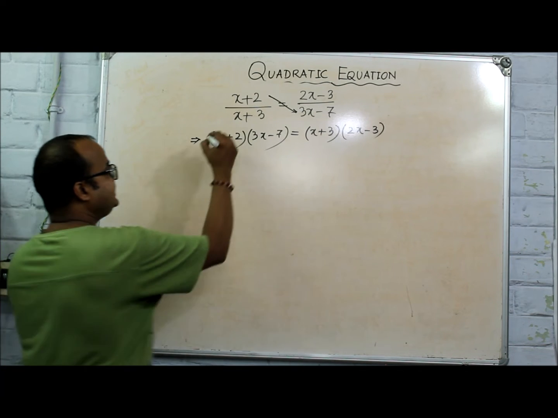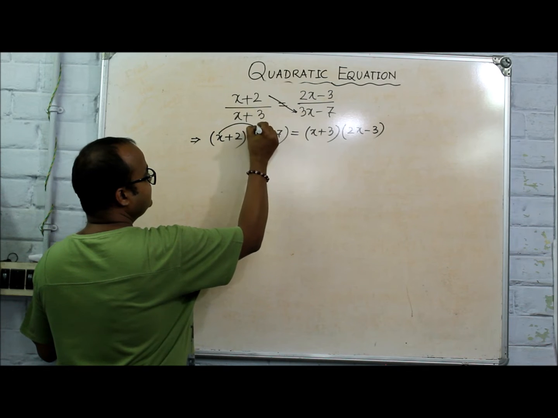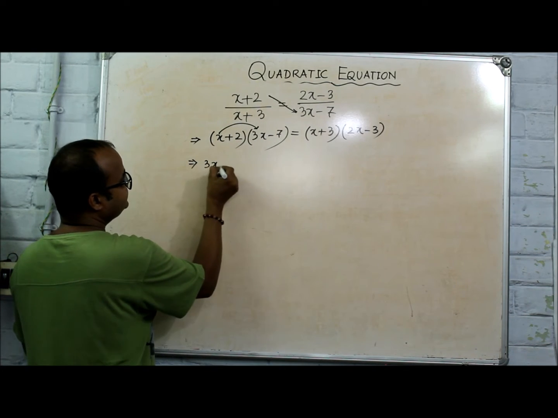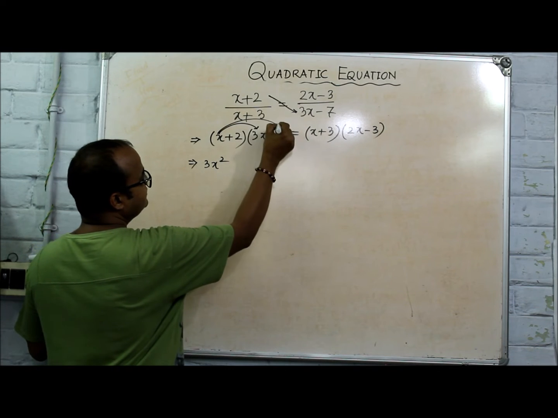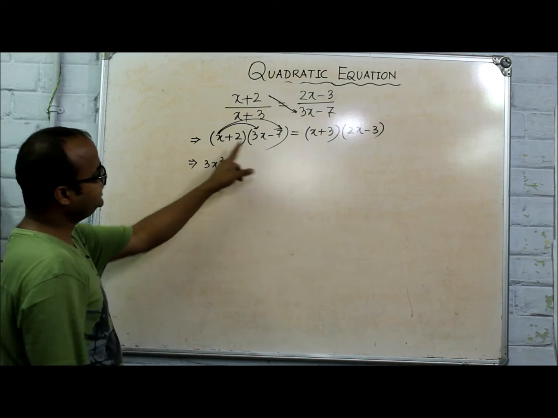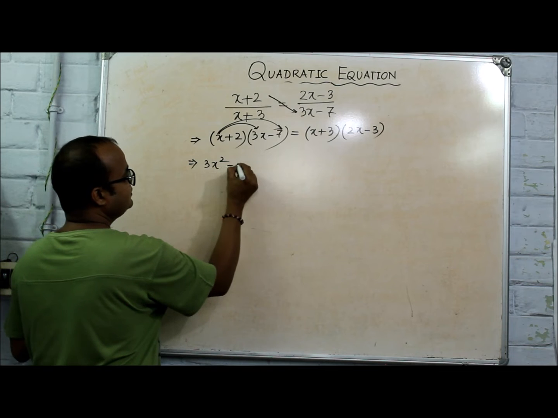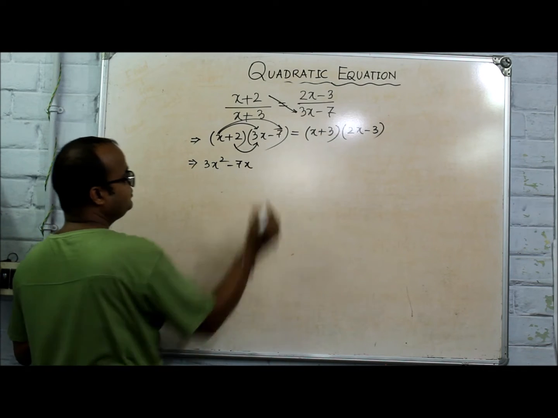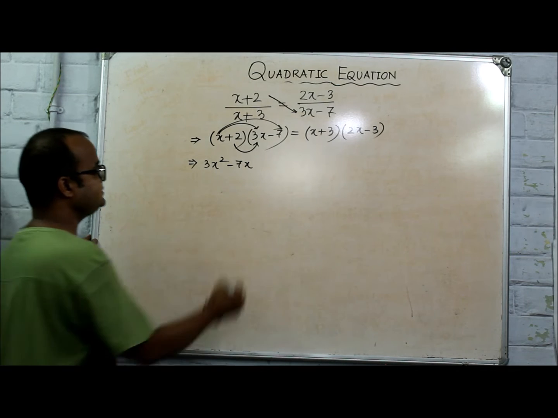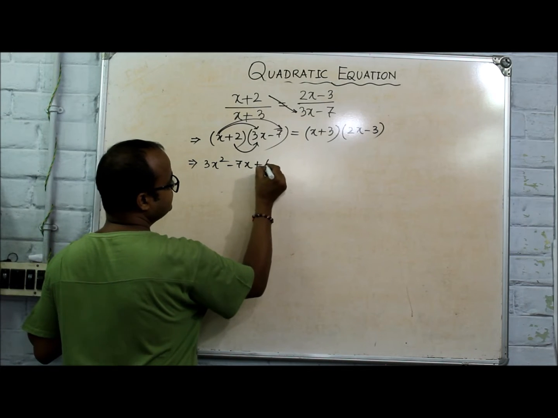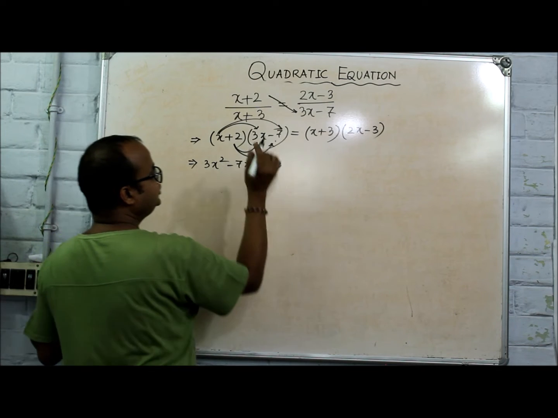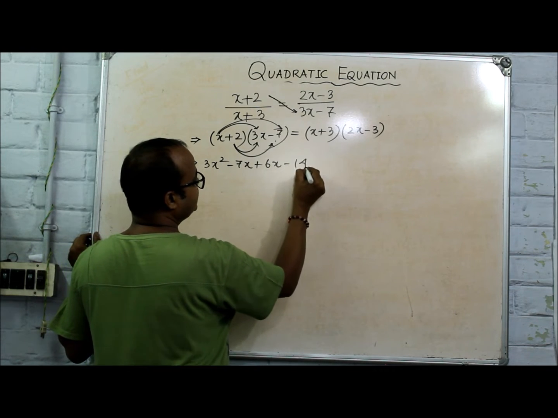Now we multiply x into 3x is equal to 3x square, x into minus 7 minus 7x, plus 2 into 3x is plus 6x, 2 into minus 7 is equal to minus 14.